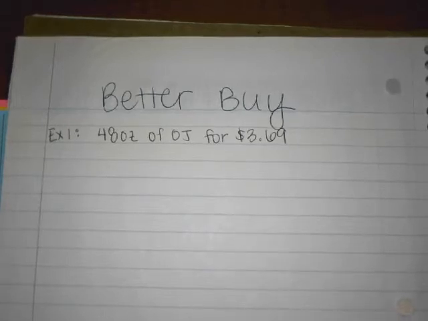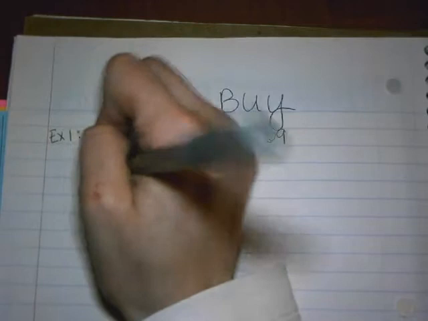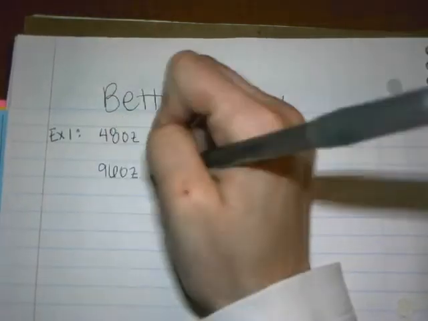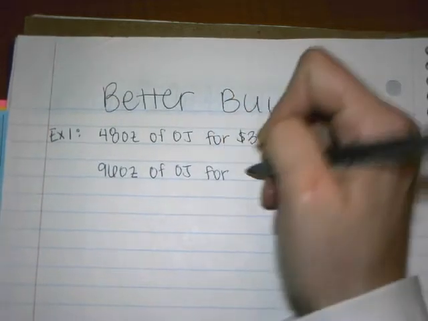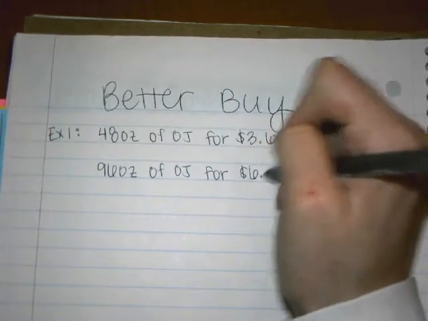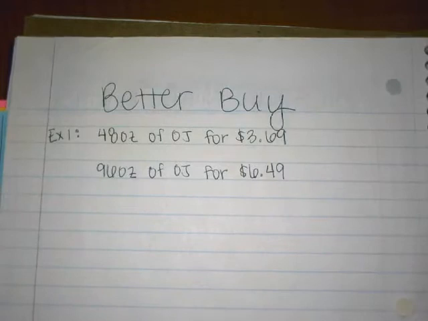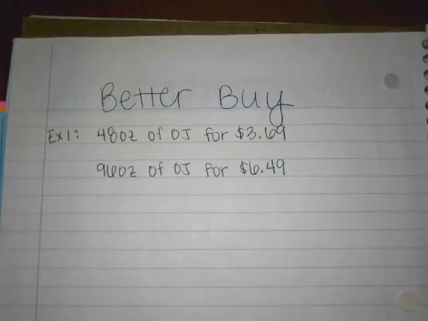Or you can buy a 96-ounce carton of orange juice for $6.49. And you're trying to figure out which one makes the most sense in terms of which one's going to cost me less money.